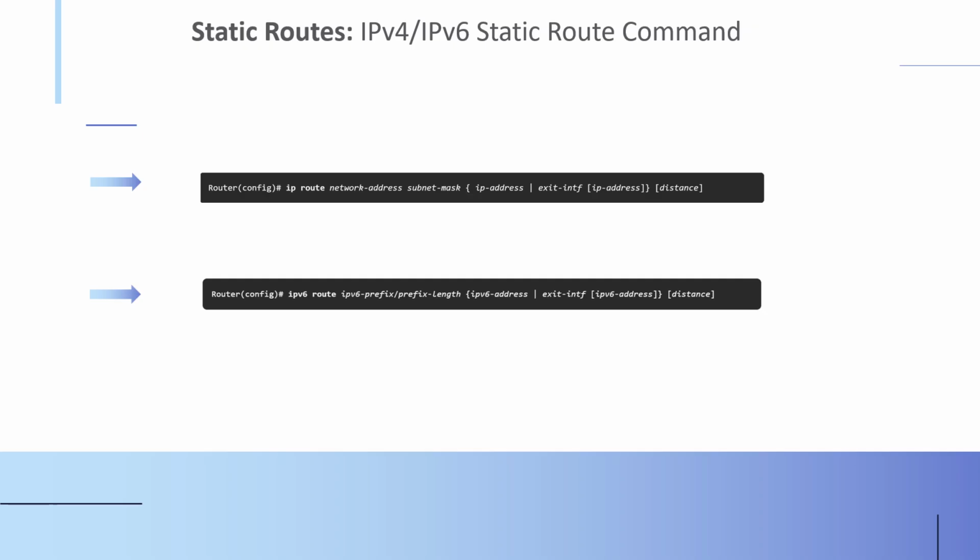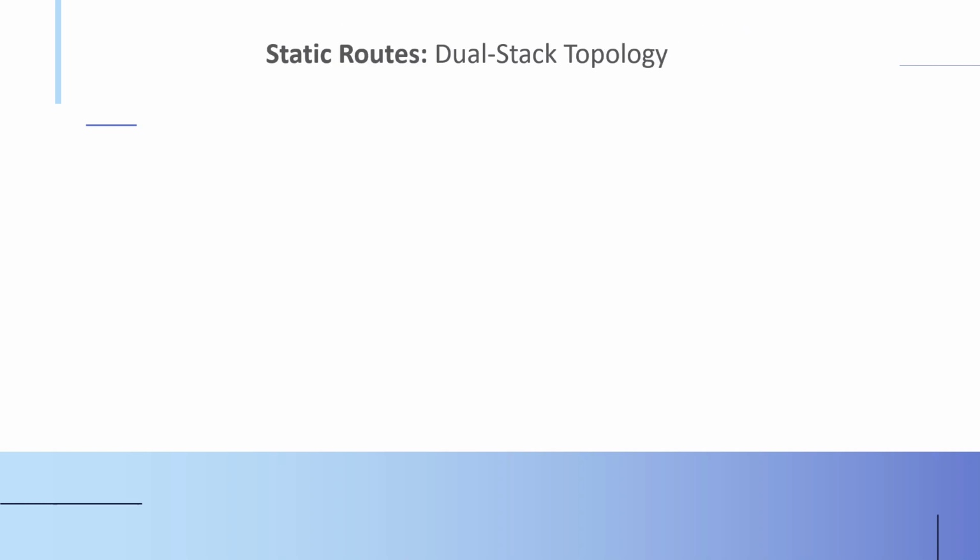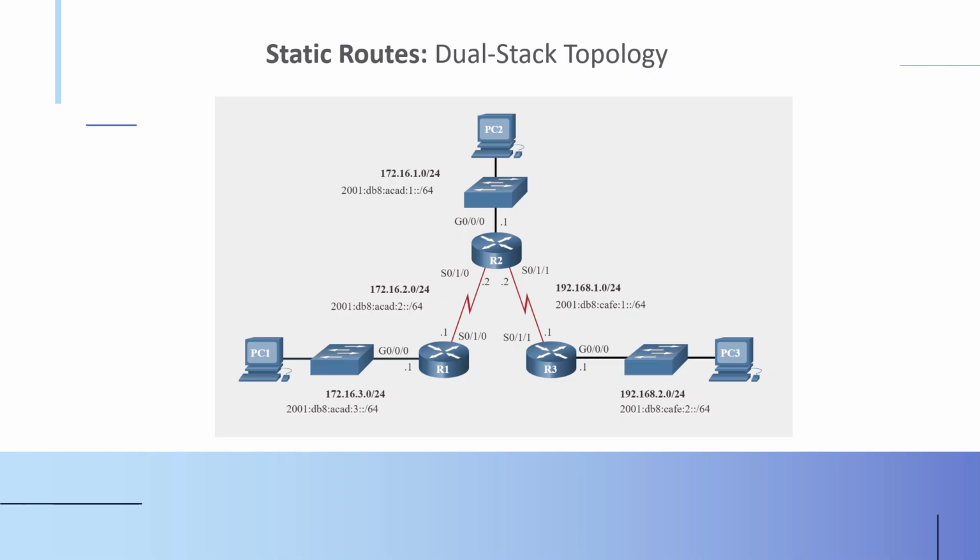For showing the commands in a network, we will use a dual stack topology, which is a topology for both IPv4 and IPv6 networks, as shown in this figure, where we have router 1, router 2, and router 3.